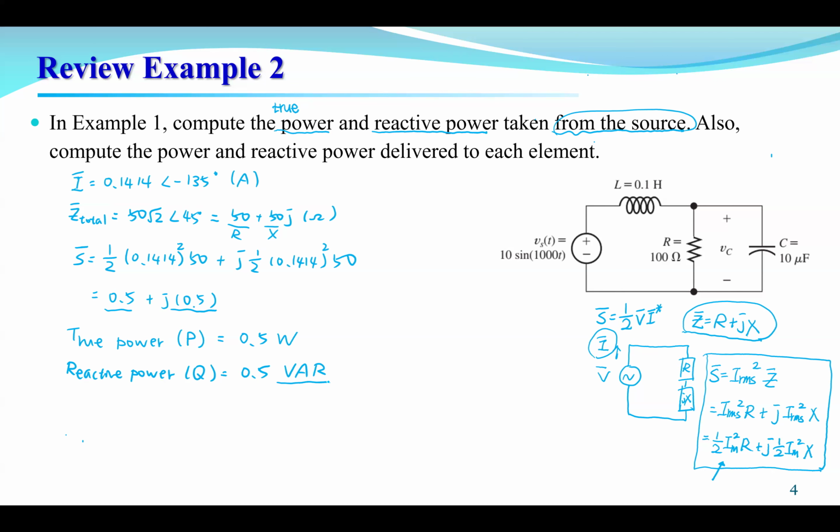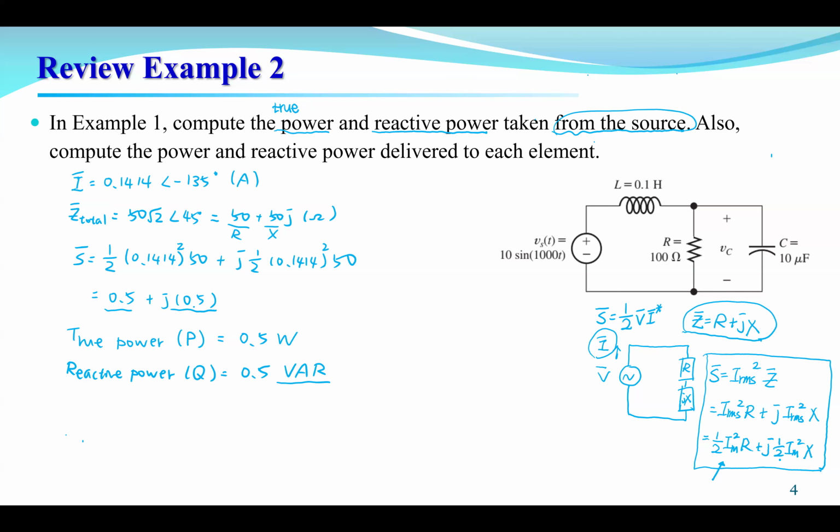Okay. And also compute the power and reactive power delivered to each element. Same thing, we apply this formula.